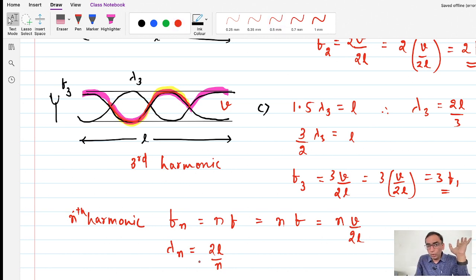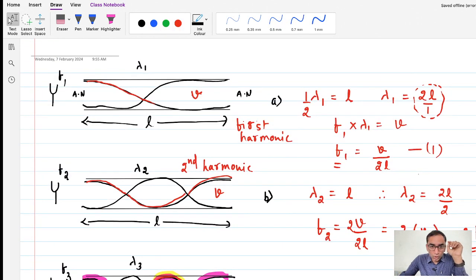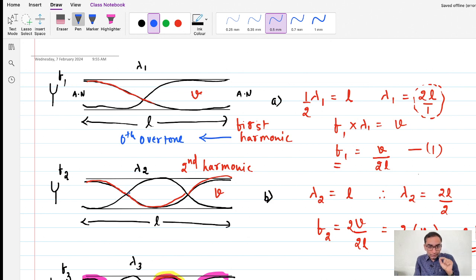Now, in terms of the overtones, it is always confusing for the student. So, let us talk about the first one. The first harmonic does not have any loop. So, it is known as zeroth overtone. The second harmonic has one loop. So, I should be calling this as first overtone.